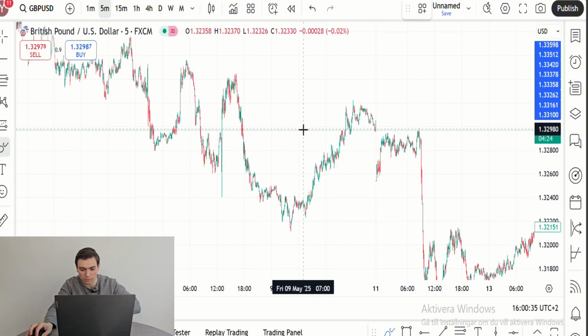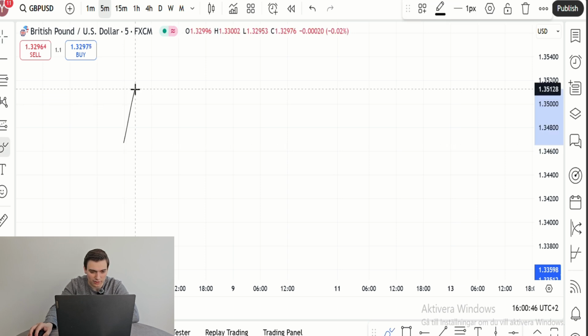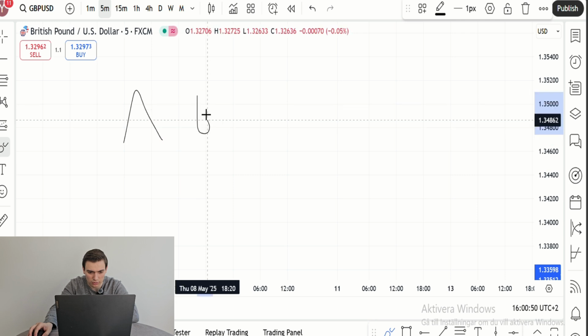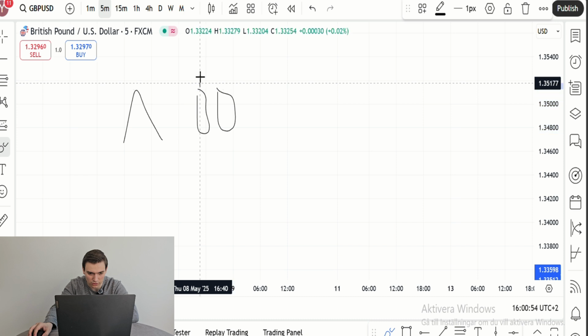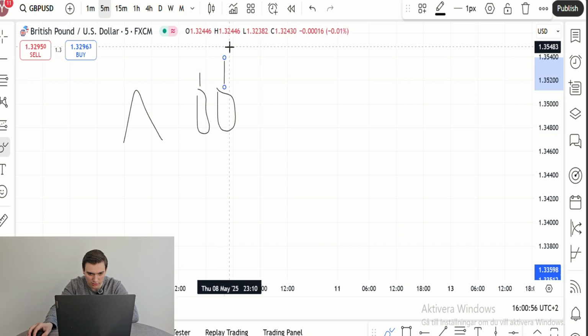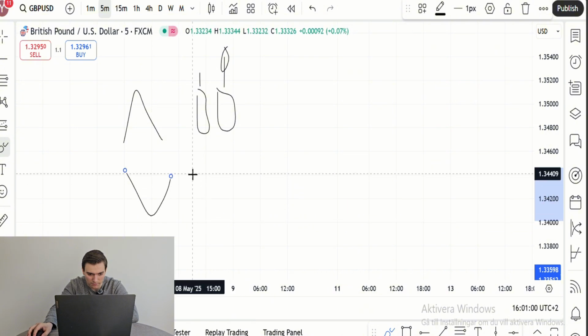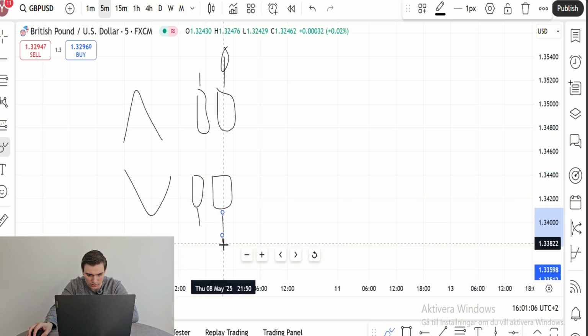So a quick, fast resume. When we have a move up and then a move down, so bullish candle, bearish candle, we take the longer wick to mark our high, which will be here. A move down and then a move up, which is a down candle and an up candle, we take the longest wick to the downside.